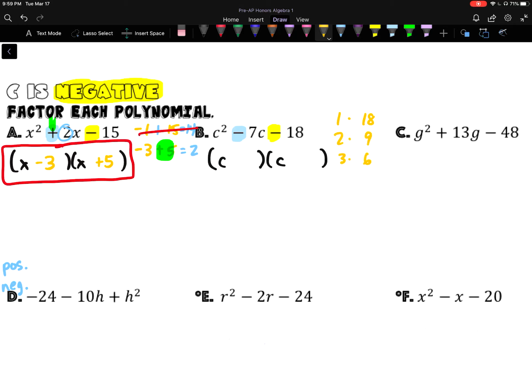And because my middle number is negative, that means my larger number has to be negative. And so now when I'm adding these, I'm looking for the one that adds to negative 7. 1 plus negative 18 is negative 17. Doesn't work. 2 plus negative 9 gives me negative 7. That's what I'm looking for. So notice 2 is positive, so plus 2. 9 is negative, so minus 9.